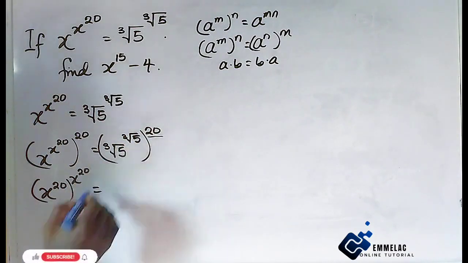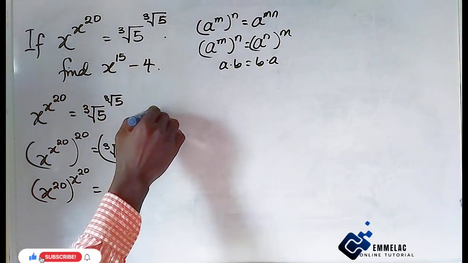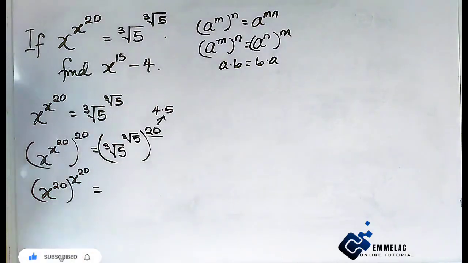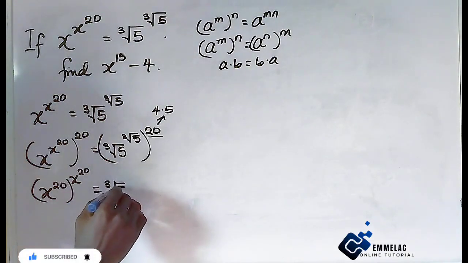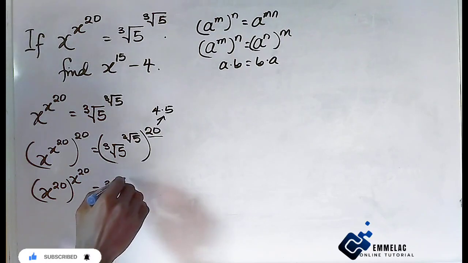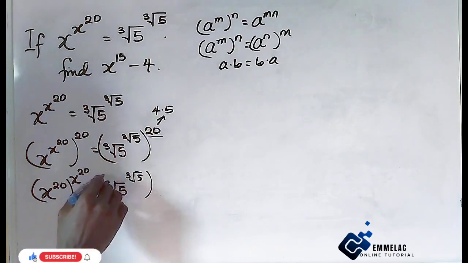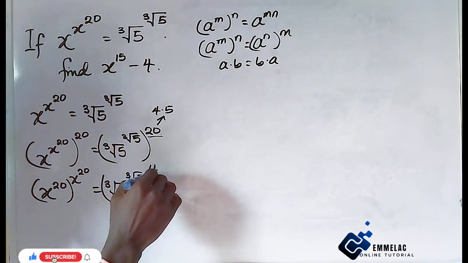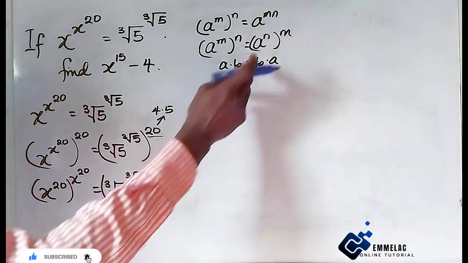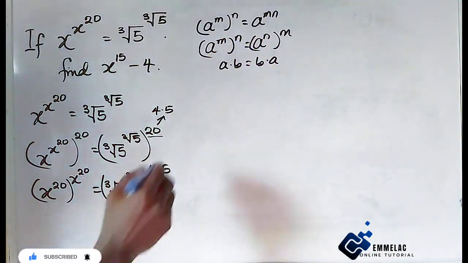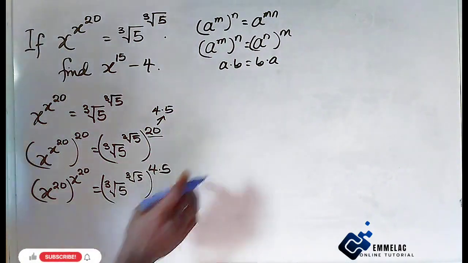But in this case, we can split this 20 to be 4 times 5. So we have the cube root of 5 raised to the power of the cube root of 5, or to the power of 4 times 5. In a similar pattern, let us deal with the right hand side of the equation.